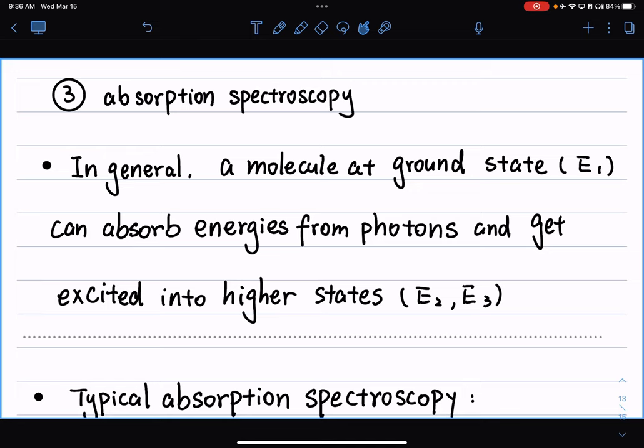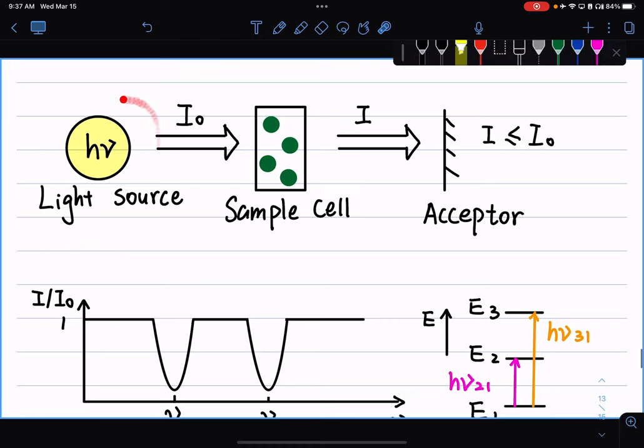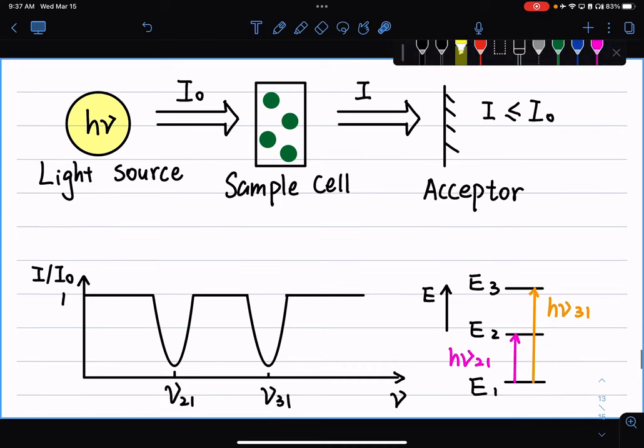So in the typical setup of an absorption spectroscopy, we have a light source. We also see this when we talk about coloring transition metal complexes. This is just a zoom-out version. You have a light source with some type of hν, where ν is the frequency of the light, with the initial intensity I0.